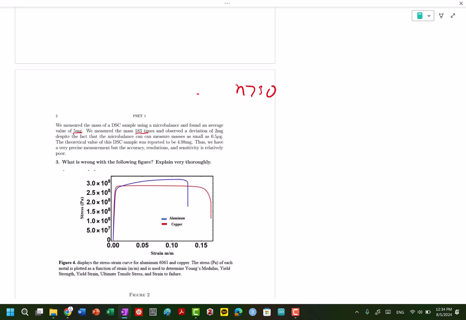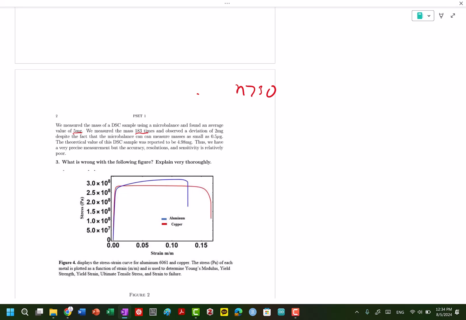Observed a deviation of 2 milligrams, despite the fact that the microbalance can measure masses as small as 0.5 micrograms. The theoretical value of the DSC sample was reported to be 4.98 milligrams. Thus, we have a very precise measurement, but the accuracy, resolution, and sensitivity are all relatively poor.